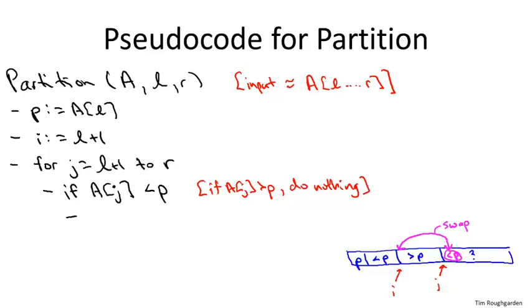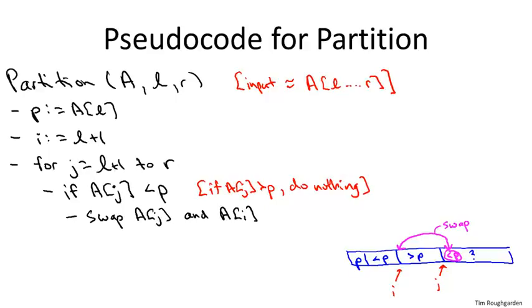Now I am doing something a little sneaky here, I should be honest about, which is there is the case where you haven't yet seen any elements bigger than the pivot, and then you don't actually have a leftmost element bigger than the pivot to swap with. Turns out this code still works. I'll let you verify that, but it does do some redundant swaps. Really, you don't need to do any swaps until you first see some elements bigger than the pivot and then see some elements less than the pivot.